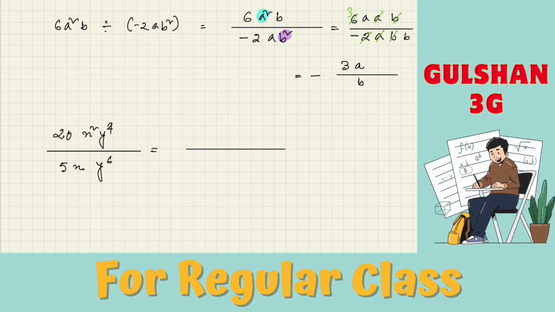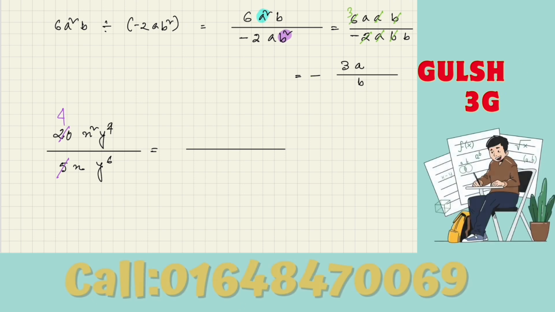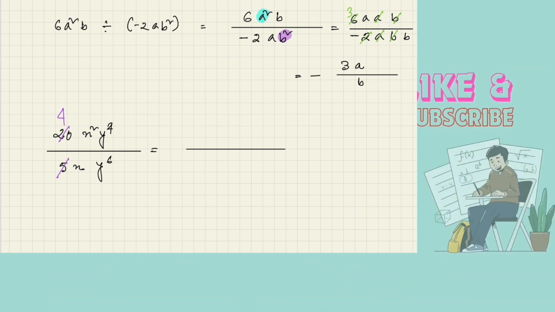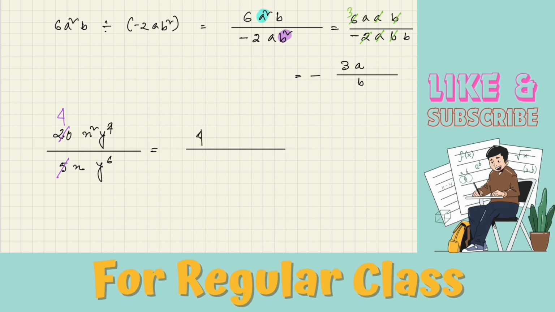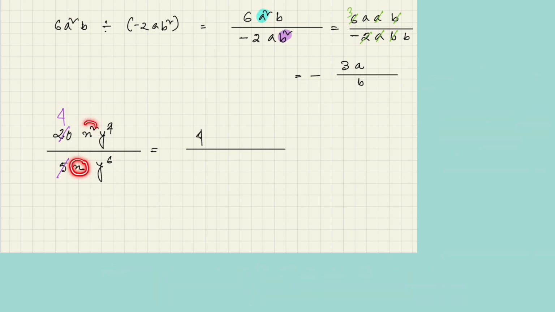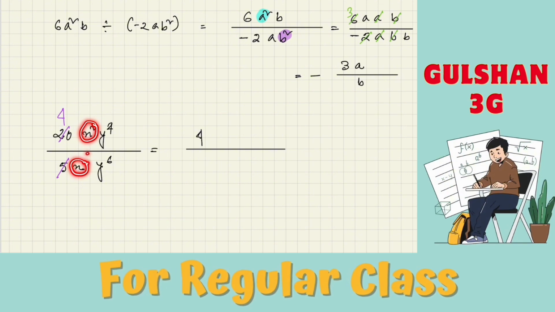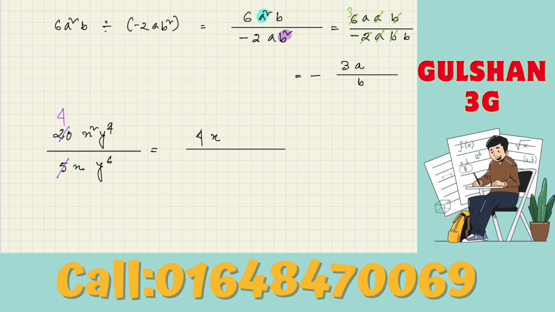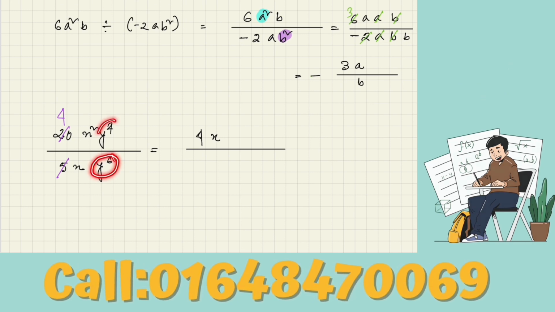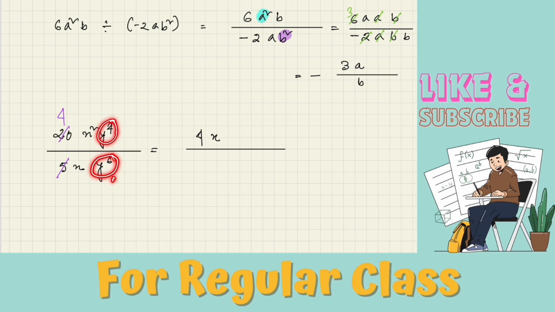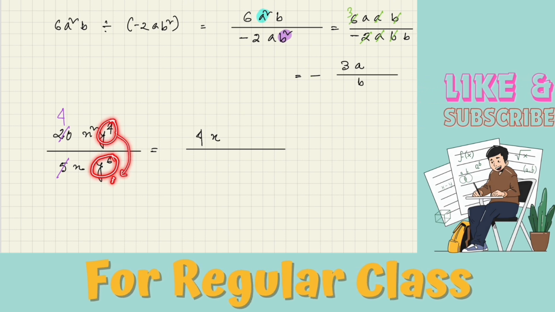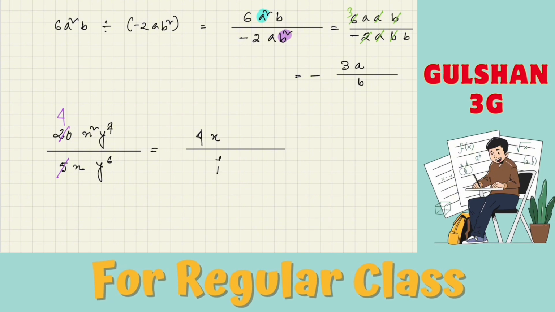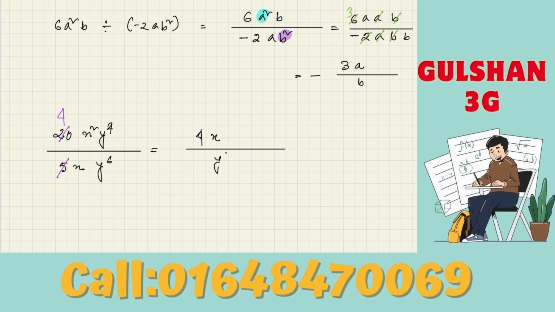Here is 1x and here is 2x, so if we subtract, the remaining will be 1x. And let's see, here is 6, here is 4. Which one is larger? This one is larger, so if we subtract, the result will be y to the power 2.